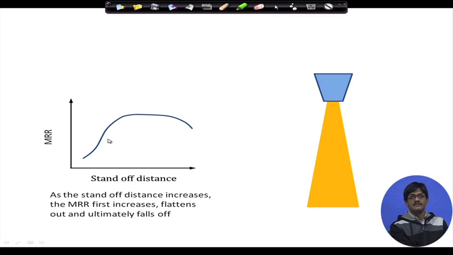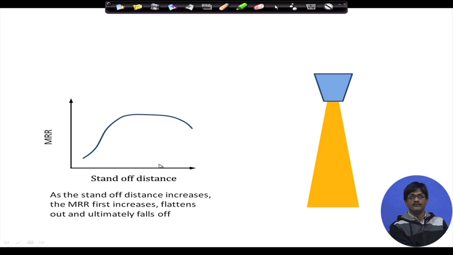That is why with standoff distance it first rises and then it becomes steady when material removal is being caused, and however it is becoming less and less with reduced velocity, but still material removal has reached a plateau region, because it is encompassing more and more of the surface area and causing damage, but after some time it ceases to cause any material removal, because the velocity has become so reduced, say at around 15 millimeters, it has become so reduced due to viscous drag from the atmosphere, that it does not cause any plastic deformation of the workpiece material.